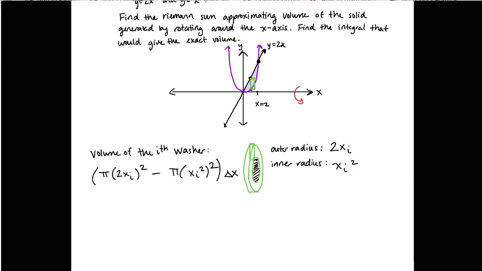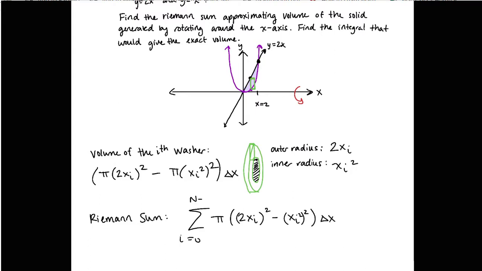So cleaning that up, when we write our Riemann sum, remember you can factor out the pi's and just have pi times the quantity 2x sub i squared minus x sub i squared times delta x, and our i ranges from 0 to n minus 1, where n is the number of slices.